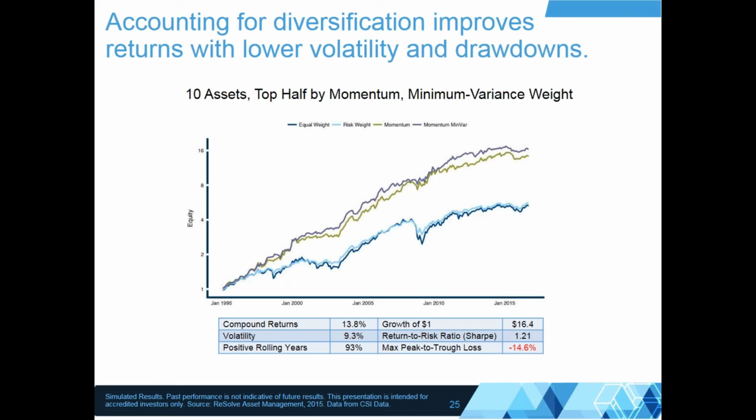So that's that purple line at the top. You're looking at better returns. Volatility goes down now because we are taking into account the correlation. Number of 12-month rolling periods goes up to 93%, Sharpe ratio goes up, and the maximum peak to trough loss is negative 14%, which is a drastic improvement.